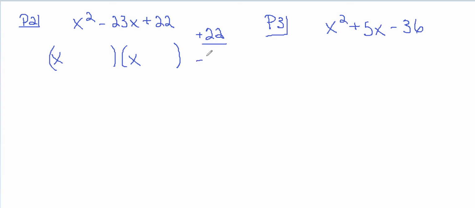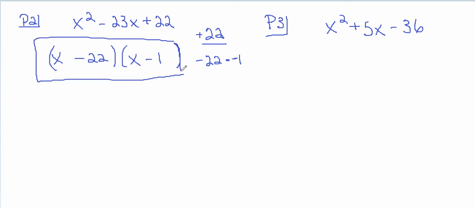So it looks like it's going to be negative 22 times negative 1. Negative 22 plus negative 1 is negative 23, and negative 22 times negative 1 is positive 22. So I've got negative 22 and negative 1. And that's my answer here.